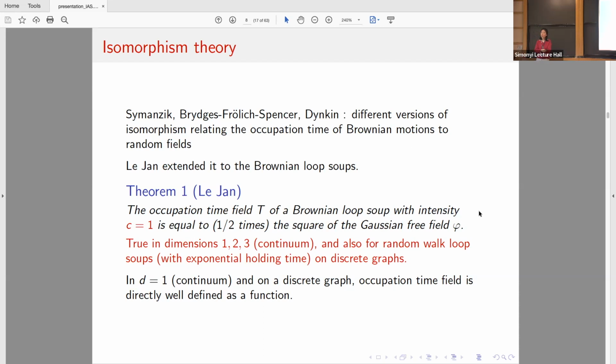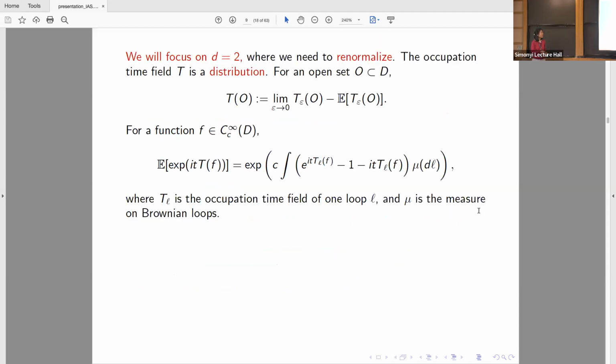And the local time in the continuum, I think, does not depend on these very small loops, possibly because there is some law of large numbers around these small loops. For example, in dimension 2, in the continuum definition, we take away the small loops when we do the renormalization. So the small loops don't have an effect.